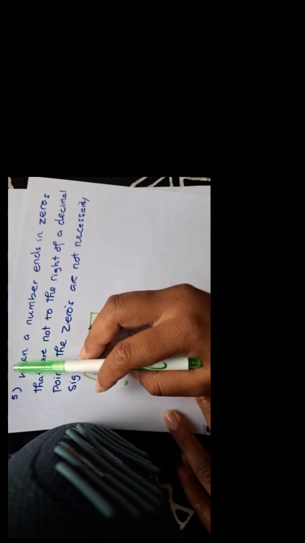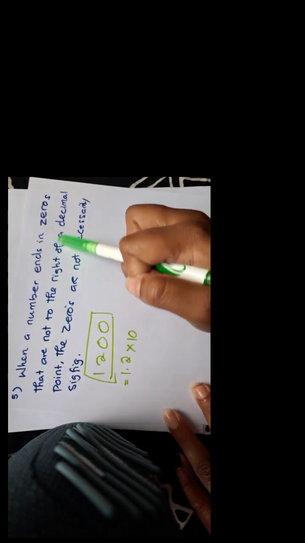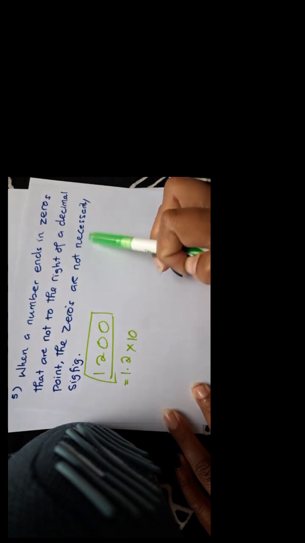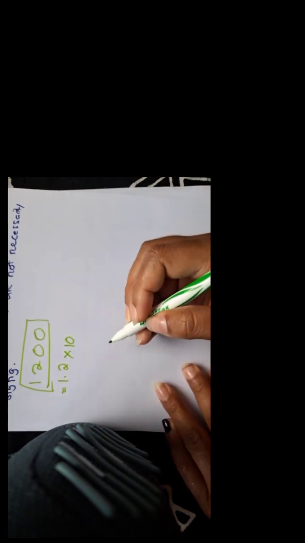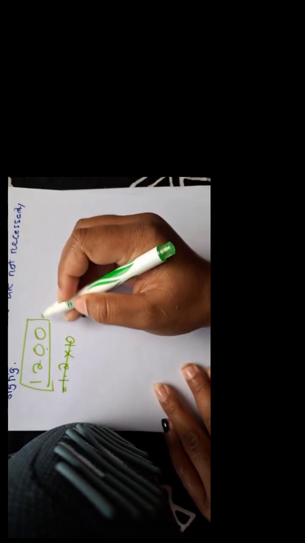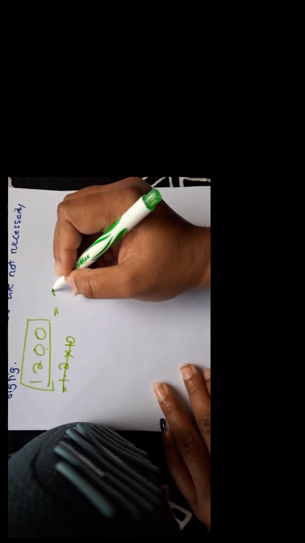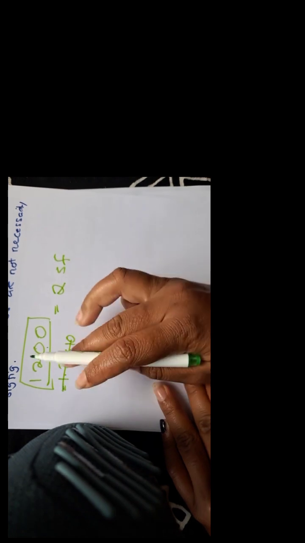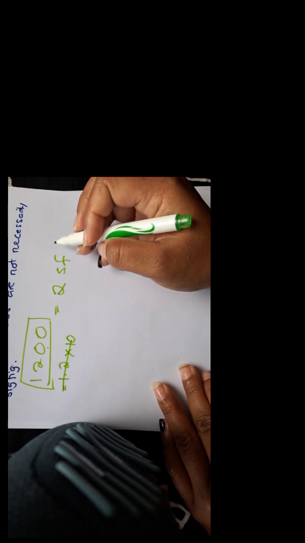So that's the rule. It says when a number ends in 0 that is not to the right of a decimal point, the zeros are not significant figures. So if we are given this number and you ask how many significant figures are in here, then it is only 2 SF, 2 significant figures.